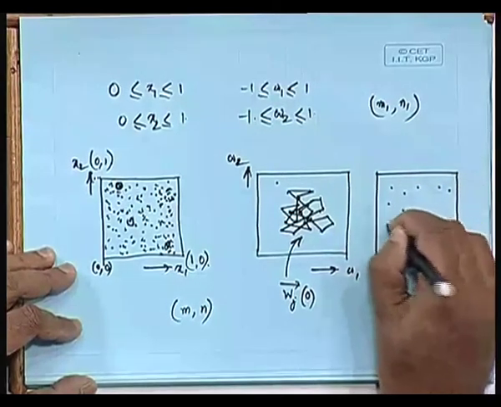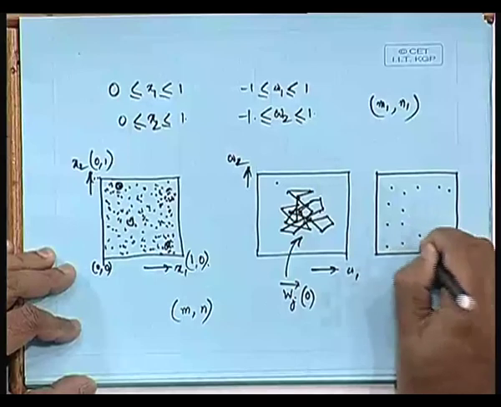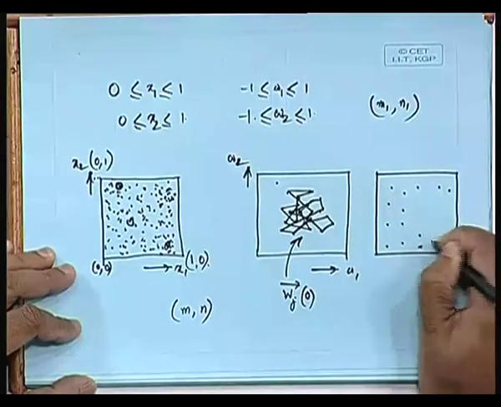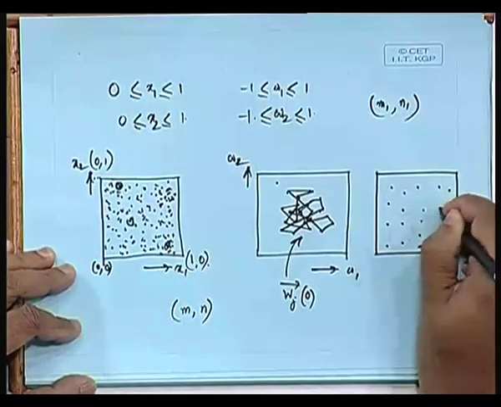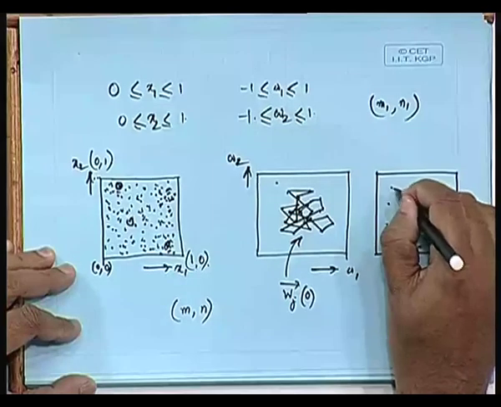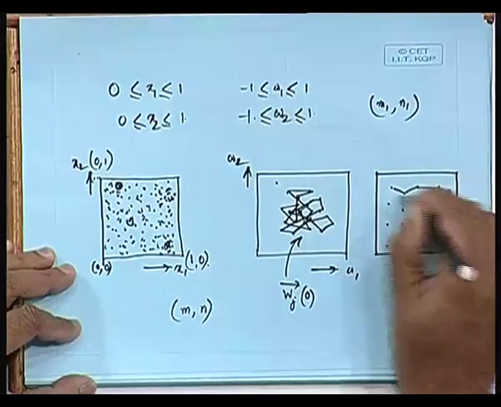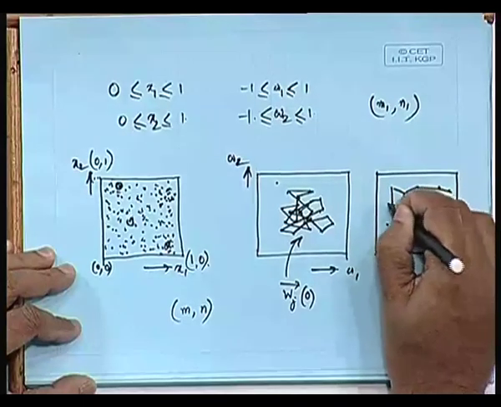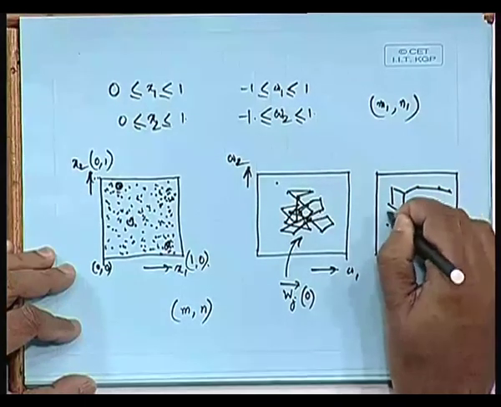Had it been absolutely uniform, perhaps we would have expected the grid to look absolutely uniform, but now the grid may look something like this.